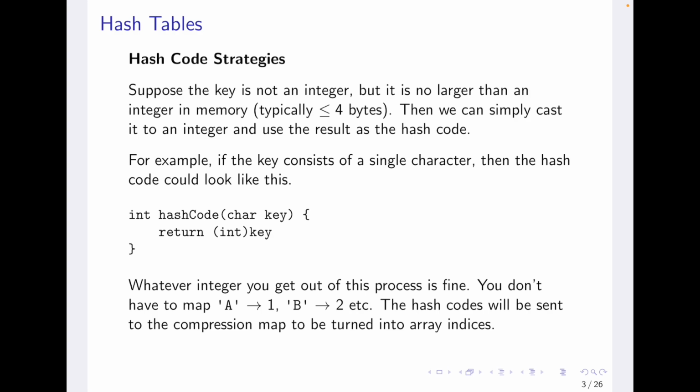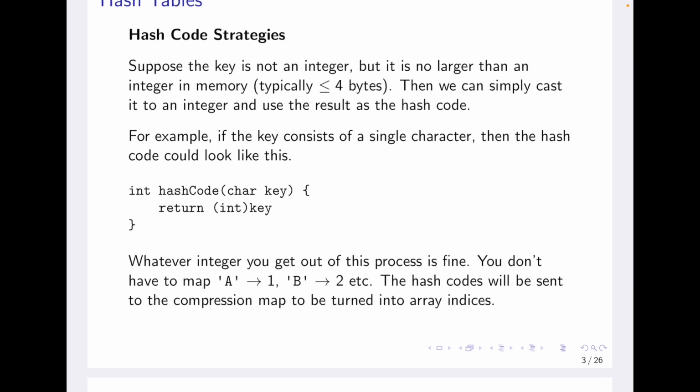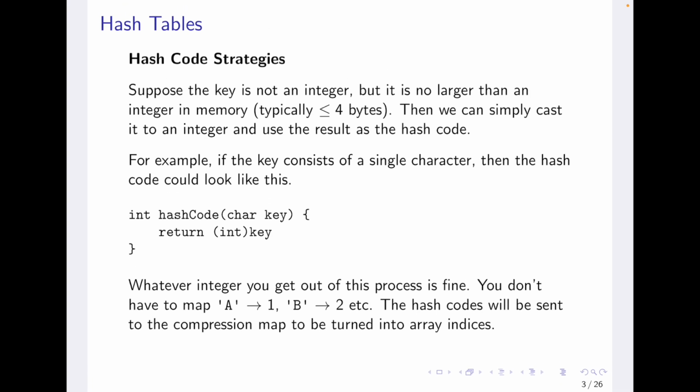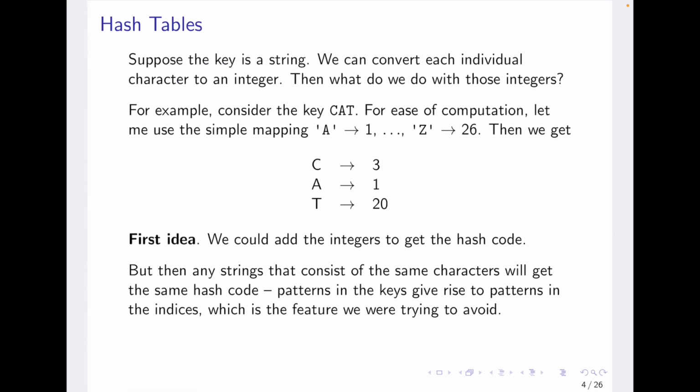Whatever integers you get out of this process is fine. The important part is that it casts every character into a different integer. And then if you have less space in your array than you have possible values, then your compression map will turn them into valid array indices.